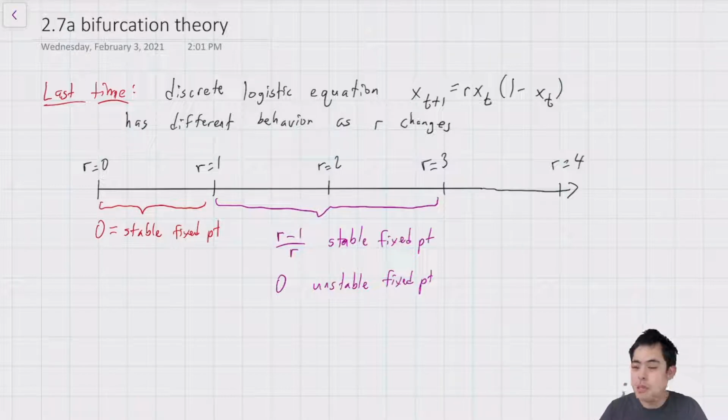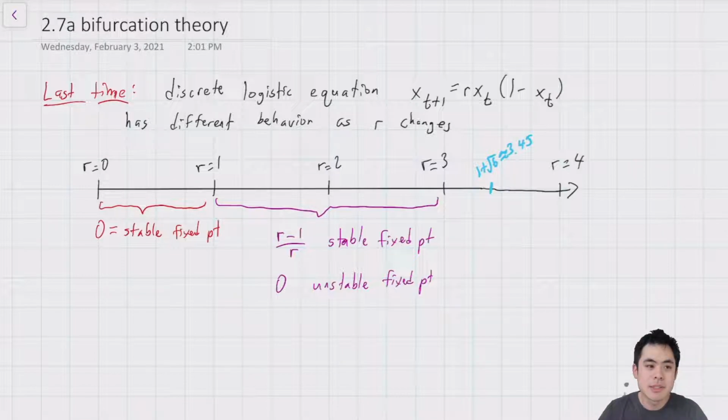So first, one of the things that we didn't do, but which you can verify, is between 3 and 1 plus the square root of 6. I'm just going to compute that right now since I didn't actually write this down. So that's about 3.45. So this is 1 plus the square root of 6 equals 3.45, roughly.